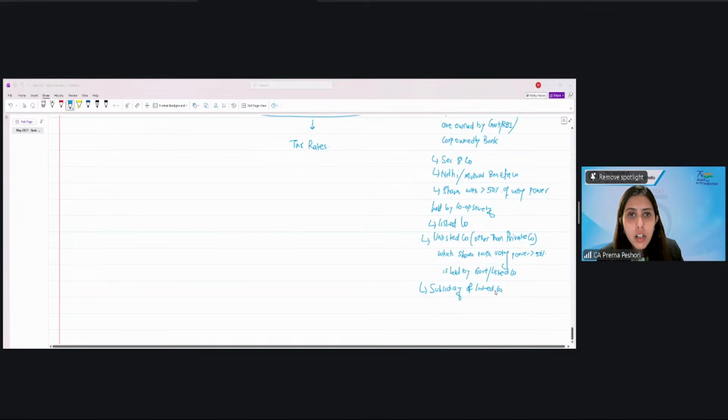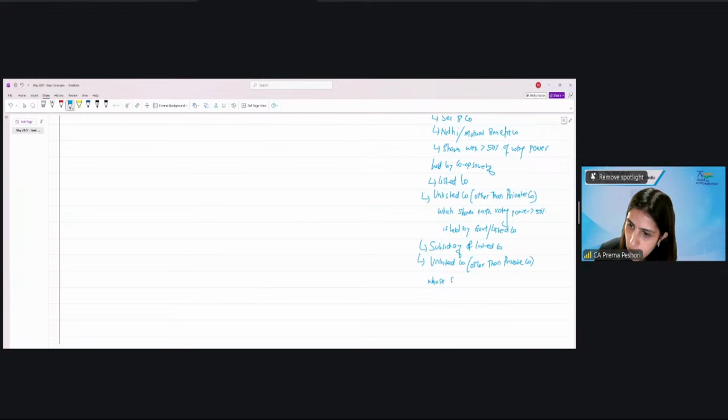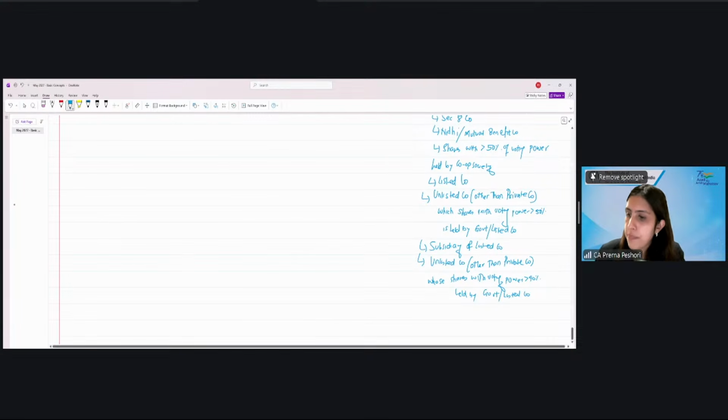So, essentially, unlisted company other than the private company whose shares with voting power greater than 40% held by government or another listed company.